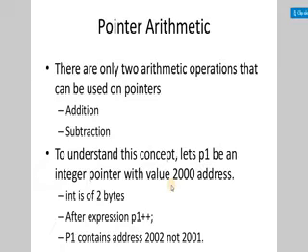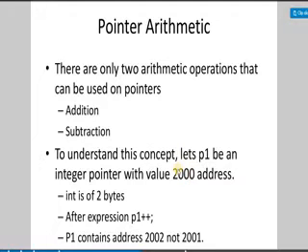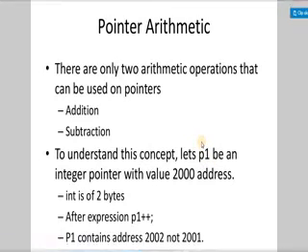Now if I perform P1 plus plus, an increment on P1, generally it will increase the value of P1, that is 2000 will become 2001. Generally it should happen. But in case of a pointer variable, if we perform an increment operation on 2000, it will become 2002, as P1 is a pointer variable indicating an integer, and we know that the size of an integer is 2 bytes or 4 bytes.